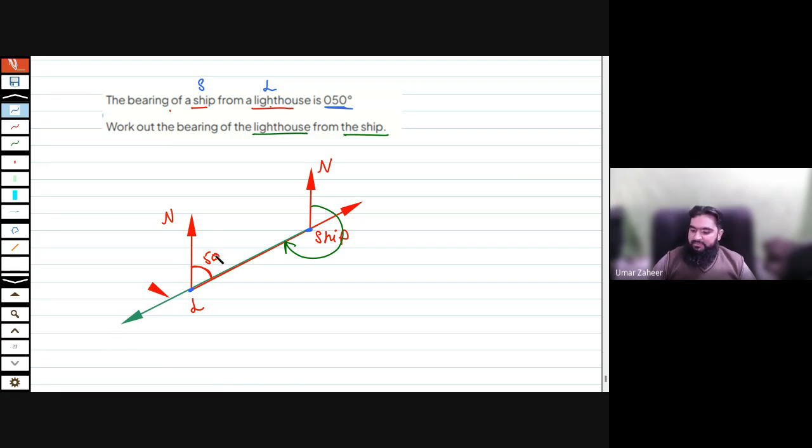Okay, so it is 50 degrees. We are going to use the property of allied angles. So 180 minus 50 will be 130 degrees.